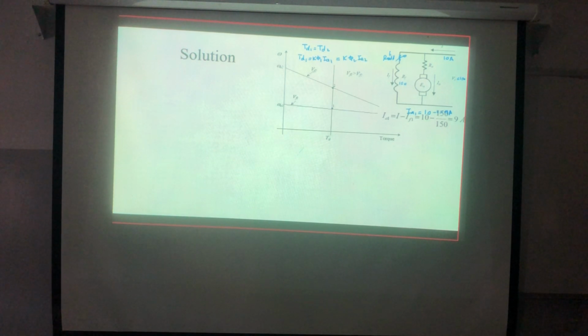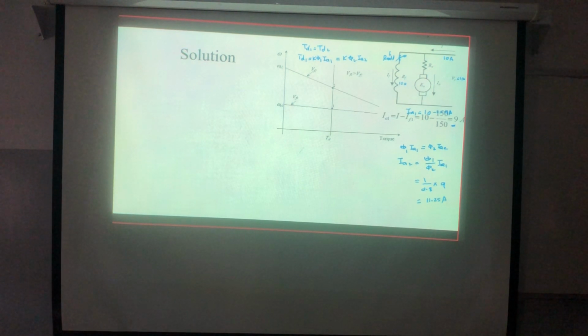So simply, this means that phi 1 IA1 is equal to phi 2 IA2, and I need to calculate IA2, correct? So IA2 equals what? Phi 1 over phi 2 times IA1. So phi 1 over phi 2 is 1 over 0.8, multiplied by IA1, which is 9. If we do the math, this will equal 11.25.